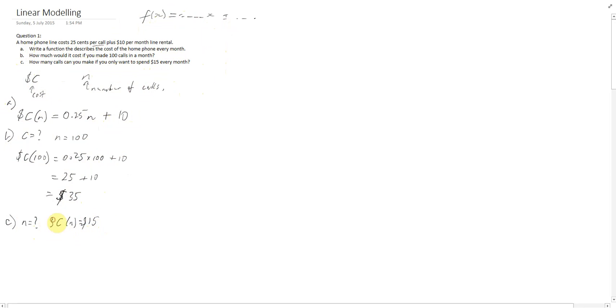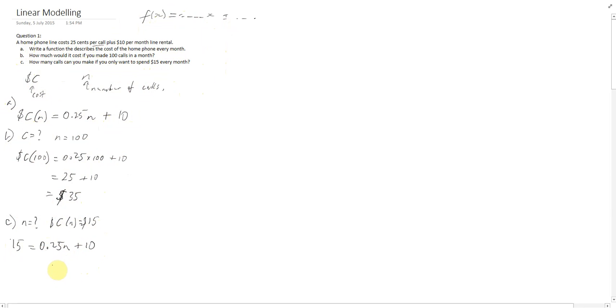So we want the cost to be $15 and we don't know what n is. So instead of just C of n from our equation, we're writing $15 there. So 15 is equal to 0.25n plus 10.